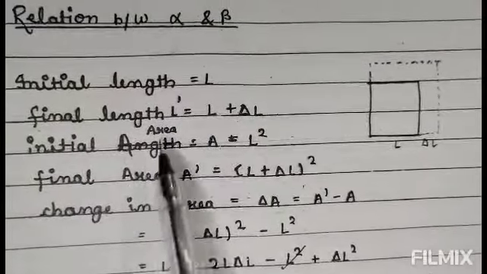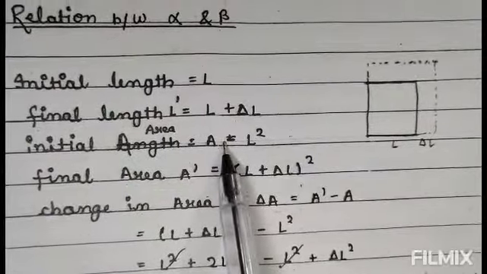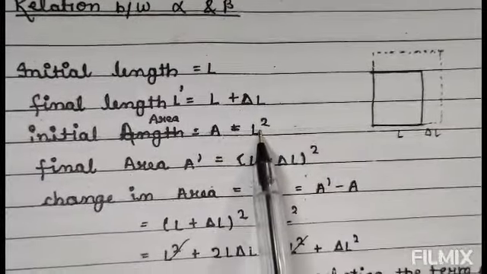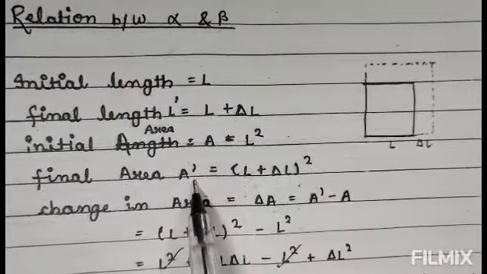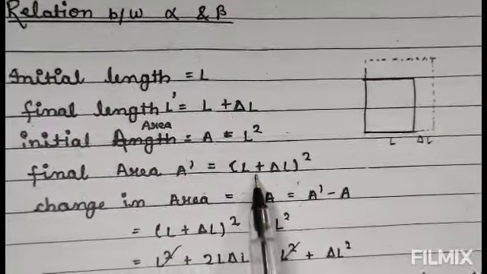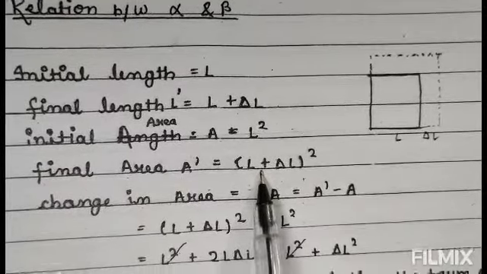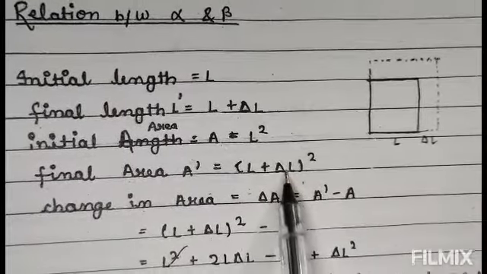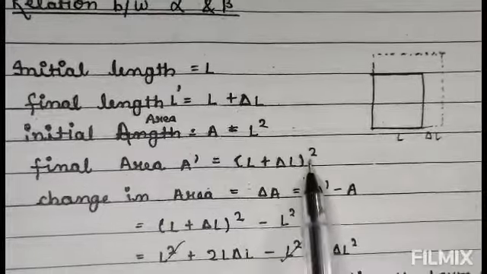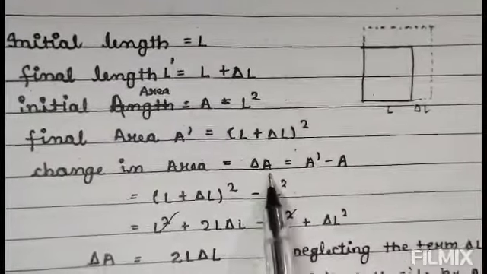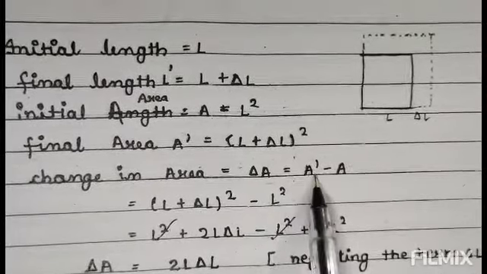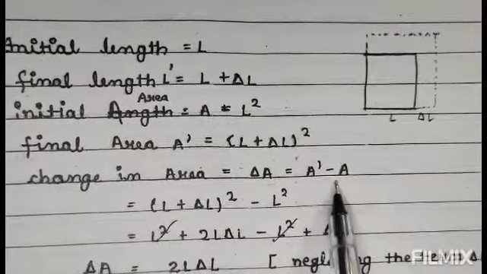Then the initial area is A, which is equal to side into side, that is L square. The final area is A dash, which is again side into side, but this time the side becomes L plus del L, so it is L plus del L the whole square. Now the change in area is del A, which is equal to final area minus initial area.